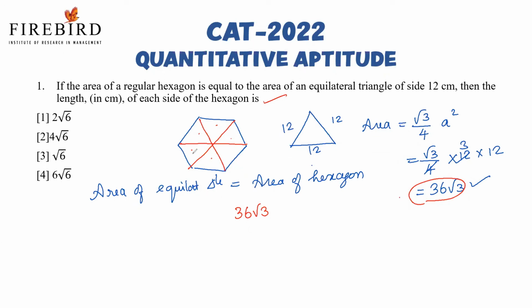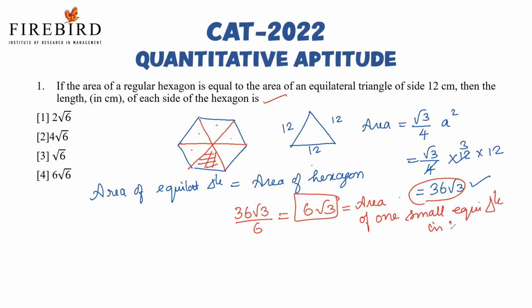To find the area of one single equilateral triangle in the hexagon, you should divide this by 6. So I'll get 6 root 3, which is the area of one small equilateral triangle in the hexagon.